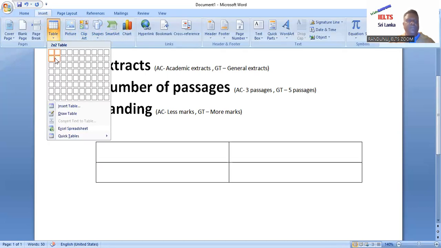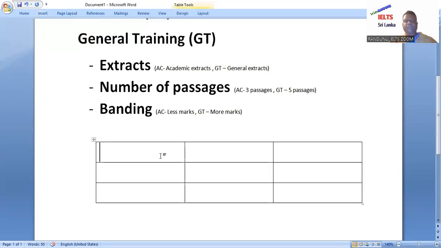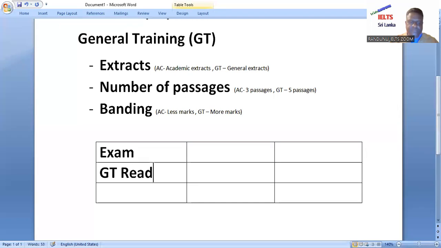This is the exam: this one is general training reading, and this one is academic reading.